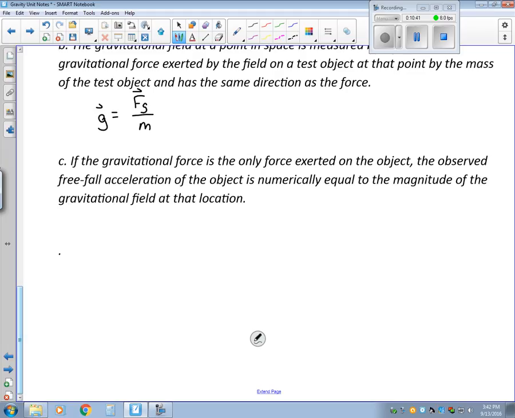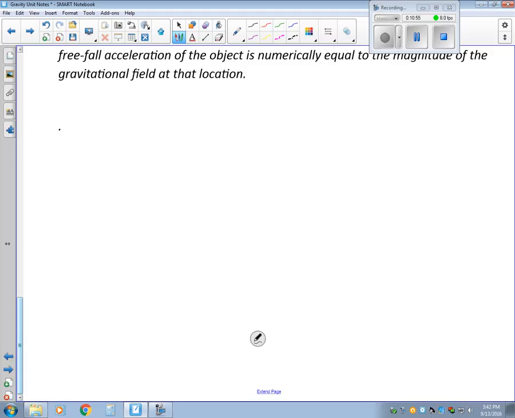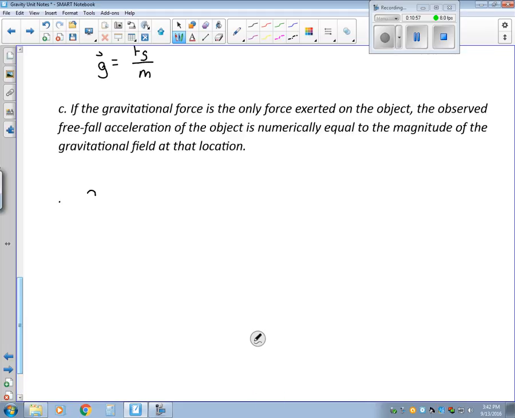All right, so now if the gravitational force is the only force exerted on the object, then the free fall acceleration of the object will be equal to the magnitude of the gravitational field. So here's what that means. We have this relationship here.